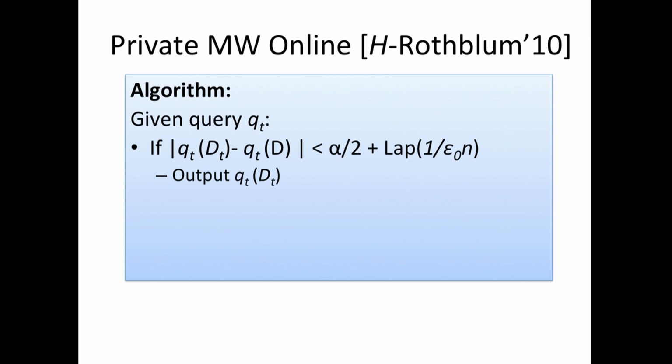So you evaluate the query that you were given on your current approximation. You compare it to the true answer, and if that difference is less than alpha over 2 plus Laplacian noise, so there's some noisy threshold, this means that the difference between true answer and approximate answer is small, then I just output my approximate answer.